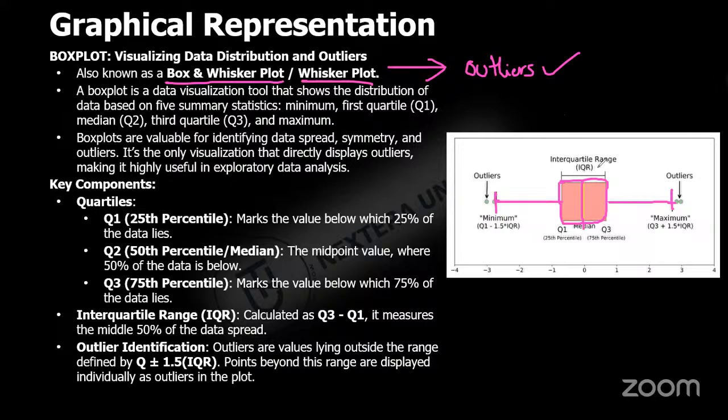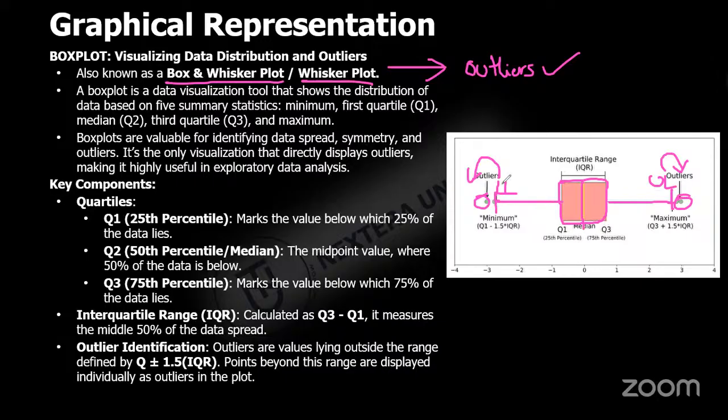So within the data, if you take a data and visualize the box plot, if the values fall beyond the limits, these are called lower limit and upper limit, they are called outliers. Now let us talk about the components of box plot.